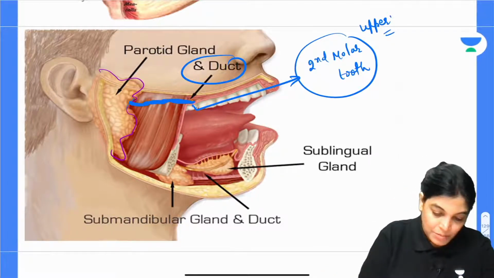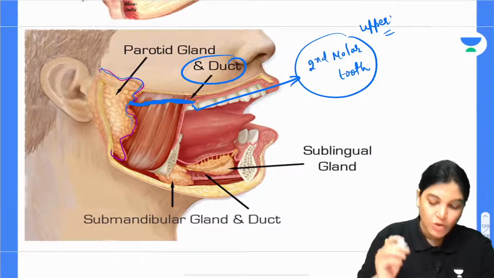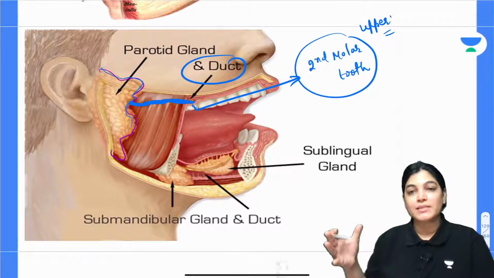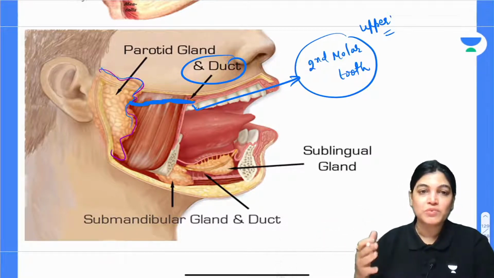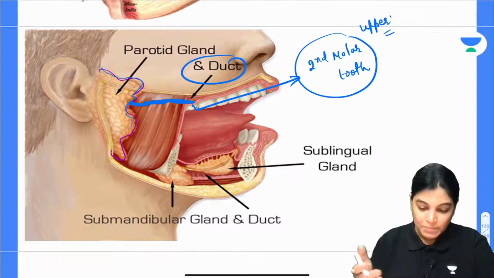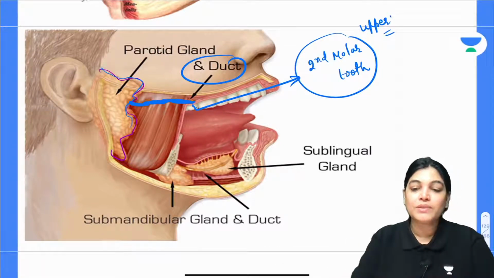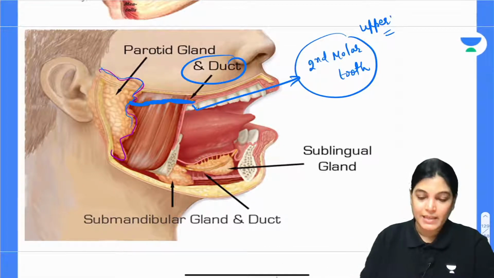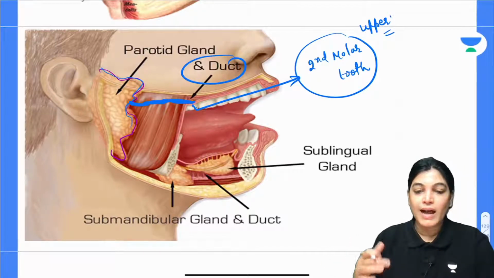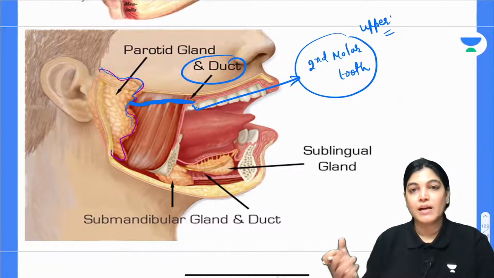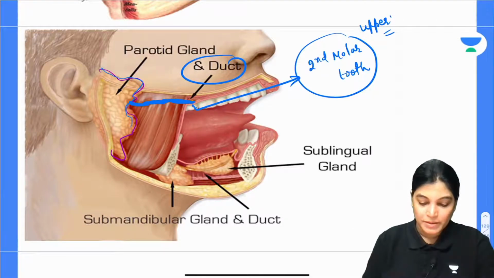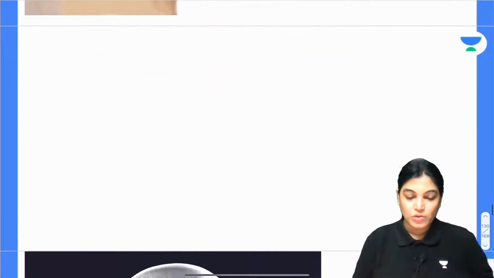As you can see in the diagram, it arises from the anterior aspect of the parotid gland, then crosses over the superficial aspect of the masseter muscle, and thereafter turns medially to pierce the buccinator muscle and open opposite the upper second molar tooth. So this is in short the whole course of the parotid duct.